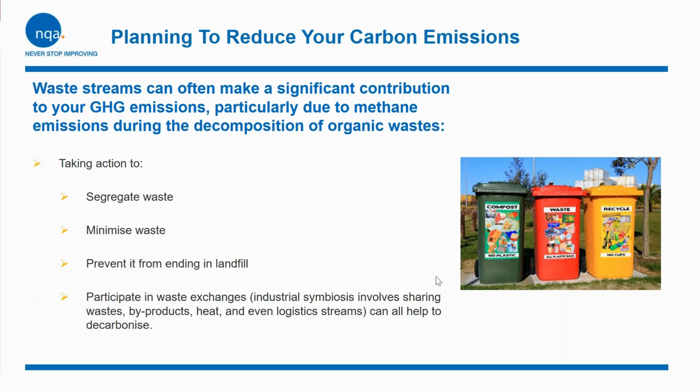If you're minimizing that waste, you're also minimizing some of the offcuts, etc. So some of that is money sitting in that bin as well. So you're always trying to minimize your waste, prevent it from going to landfill, and participate in waste exchanges as well. So looking to see where it's actually going to, and all can help to decarbonize.